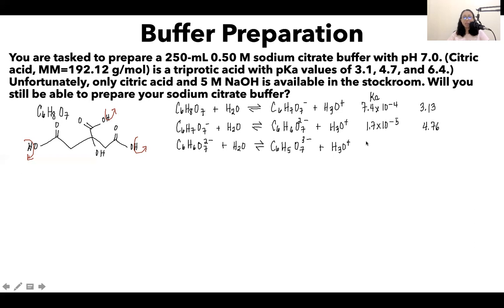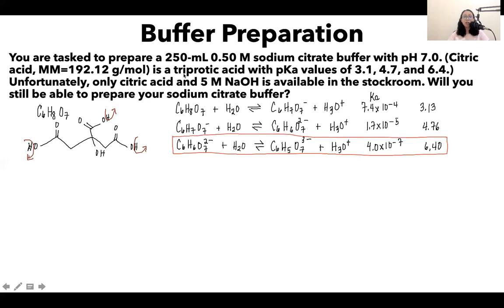The Ka for this last dissociation reaction is 4.0 times 10 raised to negative 7, and the corresponding pKa value is 6.4. So again, since our target pH is 7, we will take the third dissociation reaction as our basis.